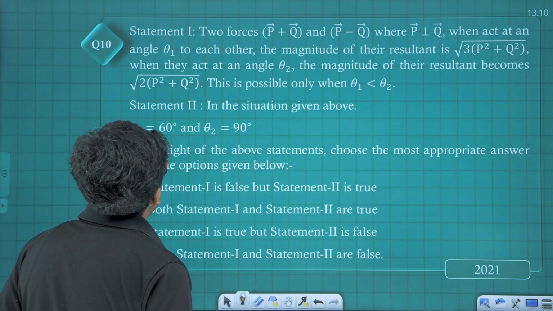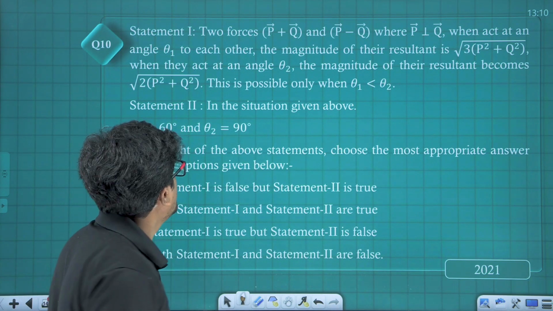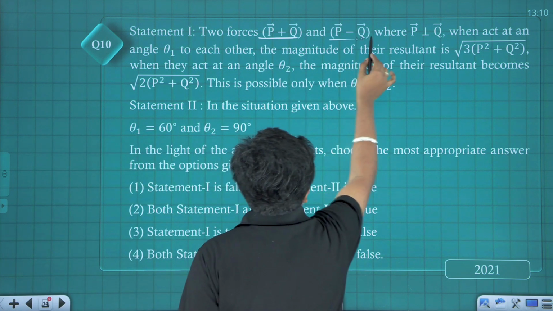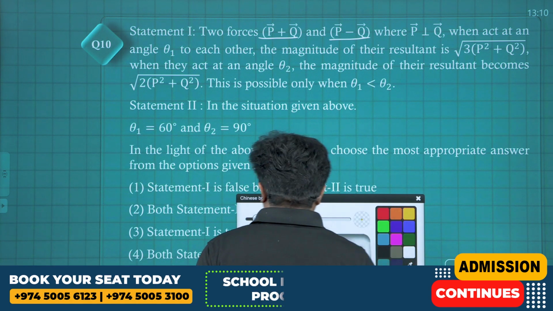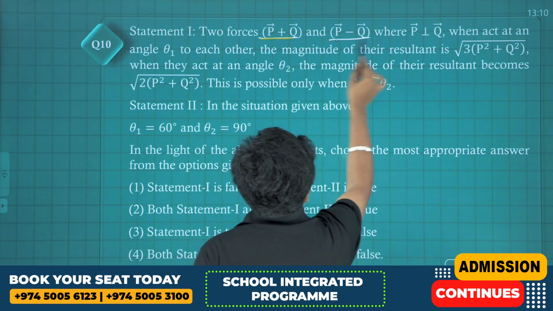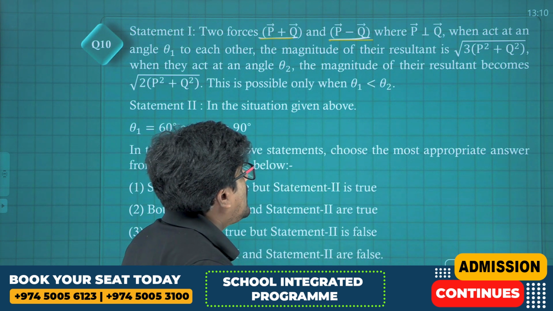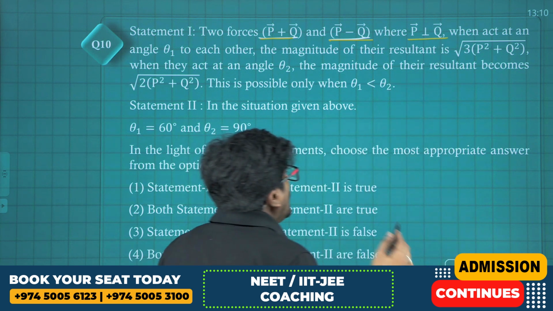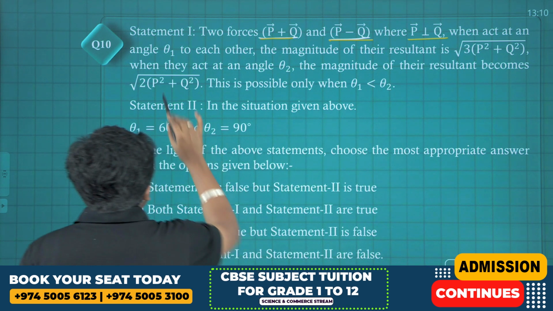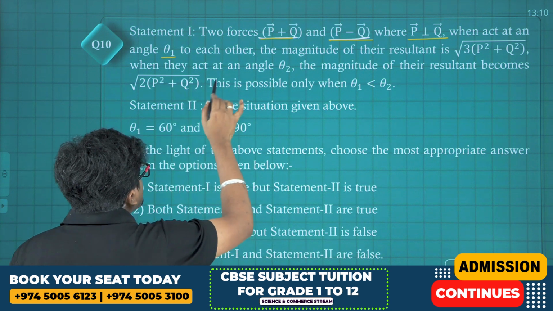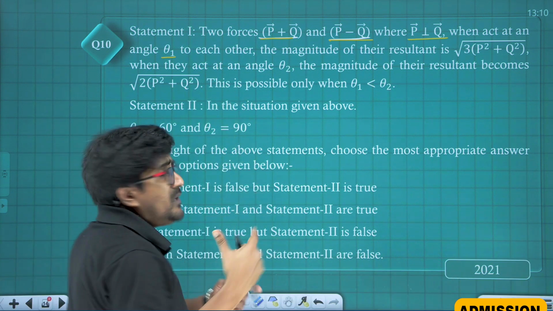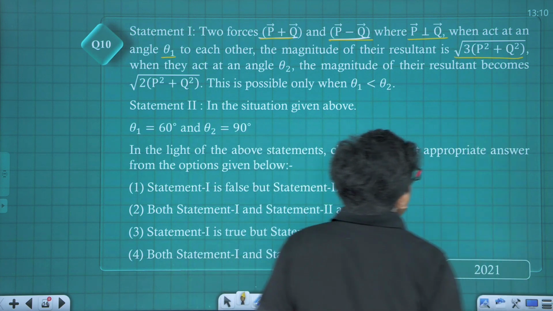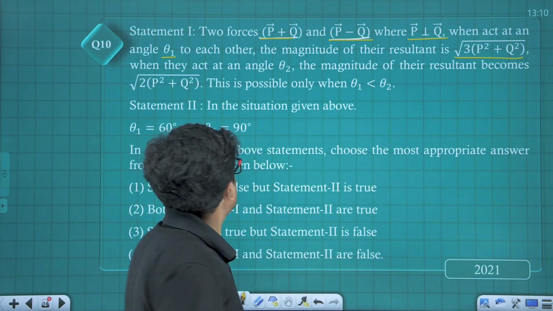Question number 10 says, statement number 1, two forces P plus Q and P minus Q, where P is perpendicular to Q, that is important, act at an angle theta 1 to each other. Now the magnitude of the resultant is root of 3 times P square plus Q square.